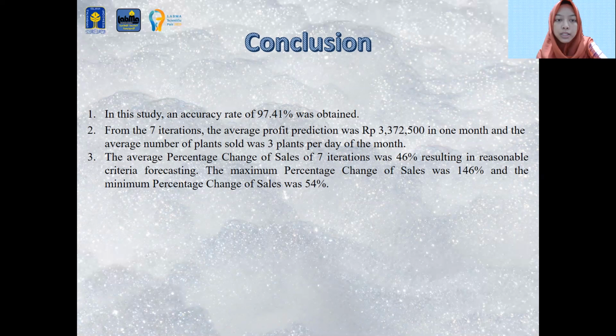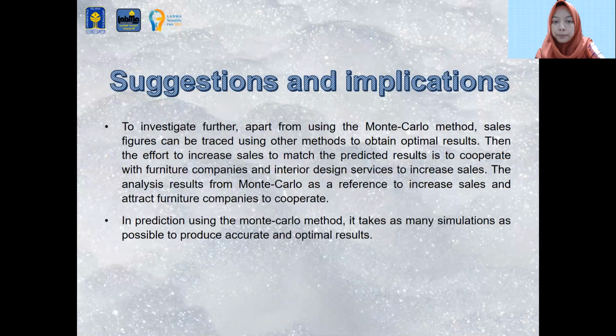The average percentage change of sales of 7 iterations was 46%, resulting in reasonable forecasting criteria. The maximum percentage change of sales was 146% and the minimum percentage change of sales was 54%.